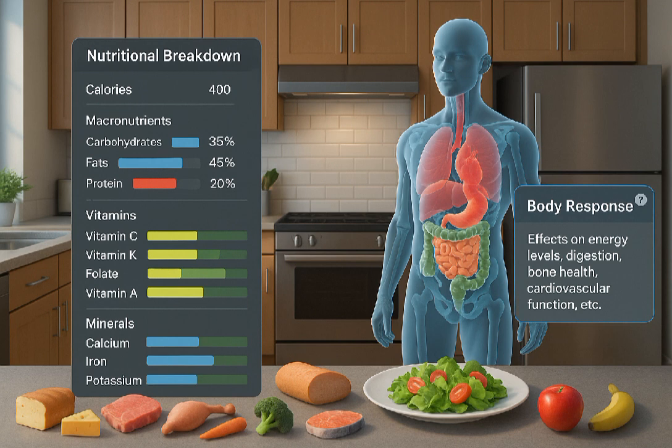Over time, with consistent healthy meals, we may see positive indicators in areas like bone health and cardiovascular function. The visual body shows subtle but informative visual changes and data readouts.